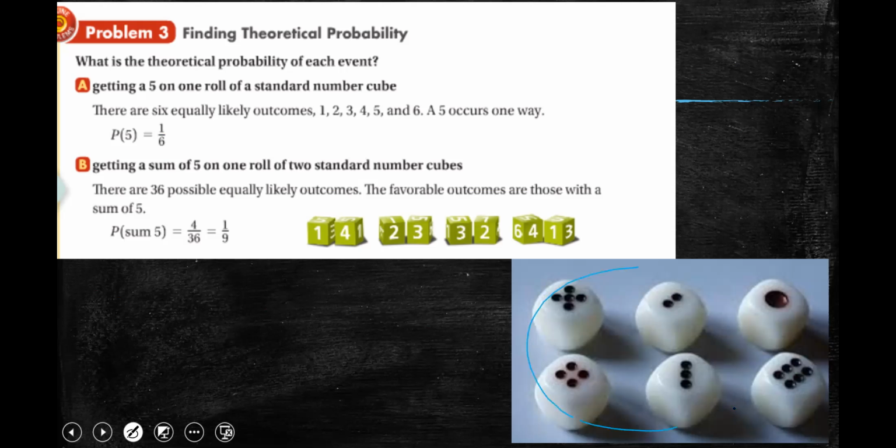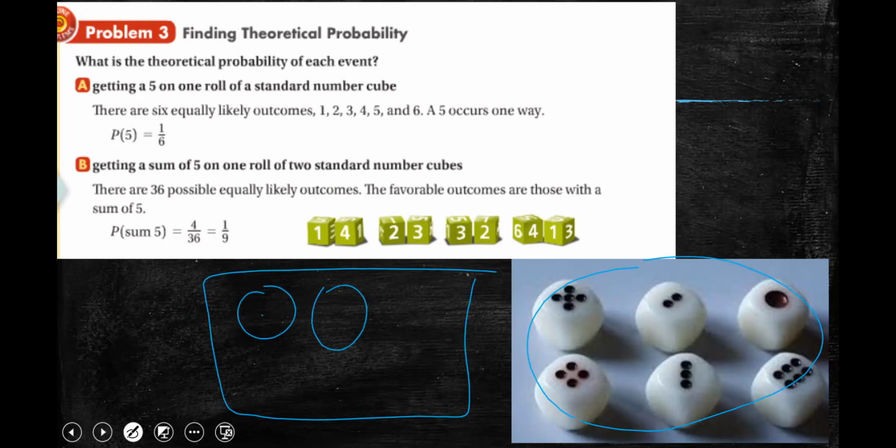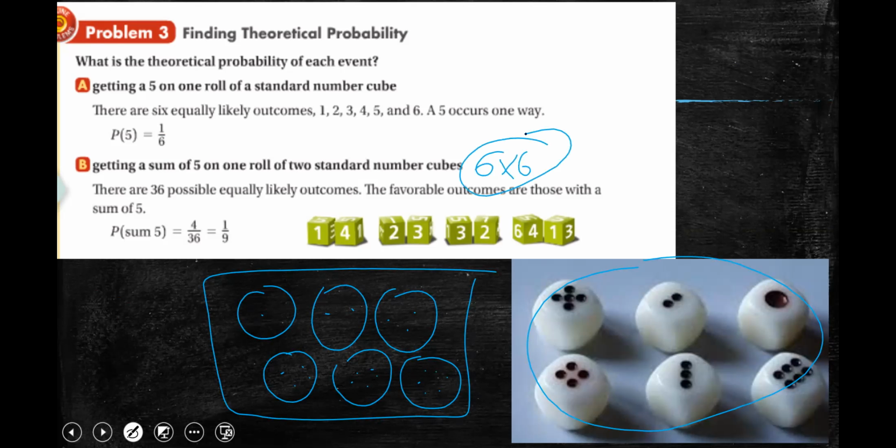I have this one, and I have another one. So 6 times 6. It will be 6 times 6, exactly. This is the counting method. So if I have 2 standard cubes, that means I have 36 possible outcomes for the sample space.